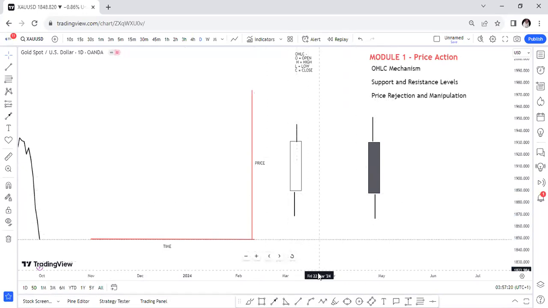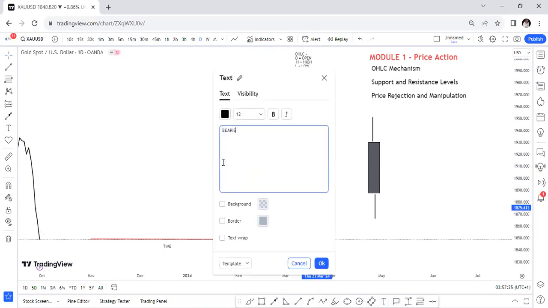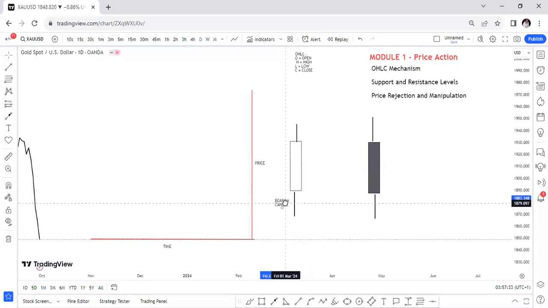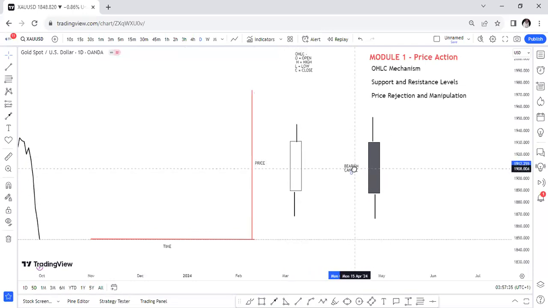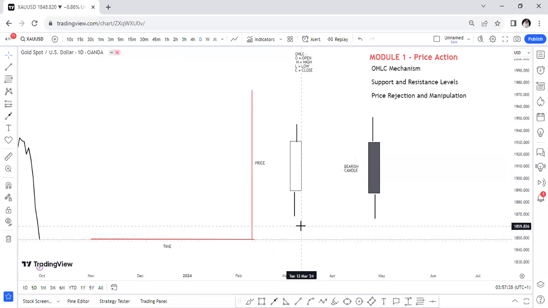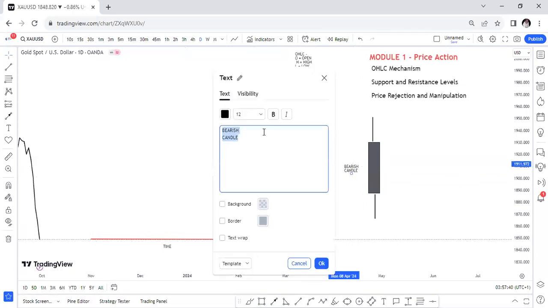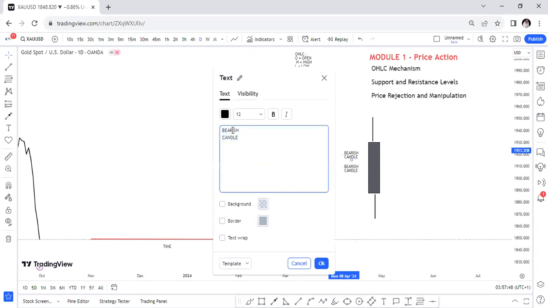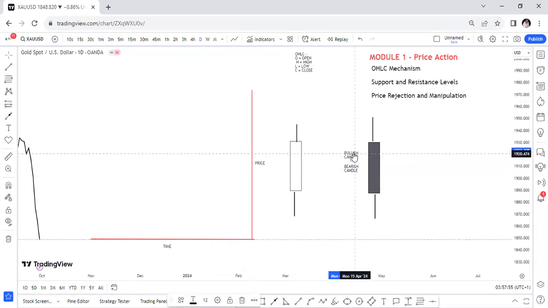If this is bearish, we call this a bearish candle. This bearish candle represents the selling market. This is a bullish candle, which represents the buying market.